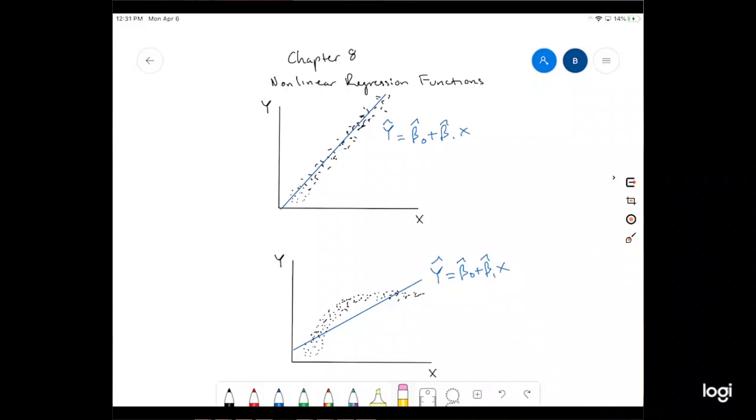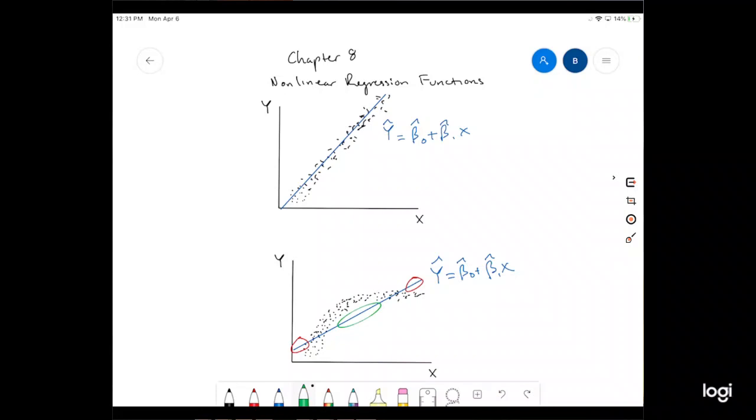Maybe beta 1 would look a little better, better than that even. Might look something like that. The problem here is that we're over predicting at the ends of the line. So we're over predicting over here and over here, but we're under predicting in the middle. So this line is probably not the best fit line for this data.